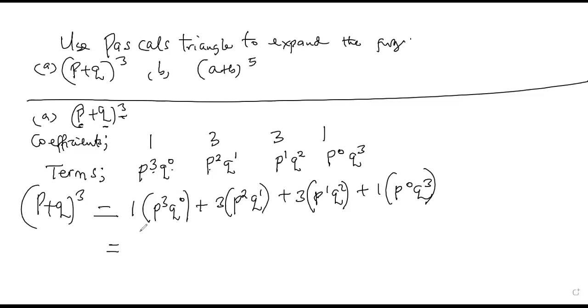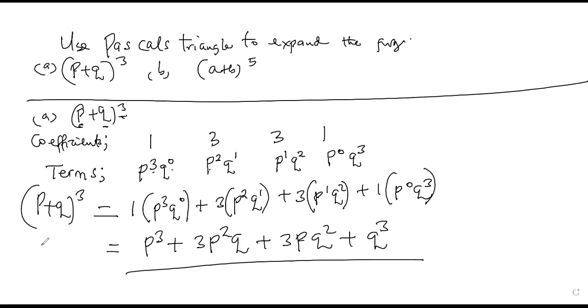So this is going to be equal to p cubed, because q to the power 0 is 1. So we have p cubed only, plus 3p squared q, plus 3pq squared, plus q cubed. As simple as that. So this is the expansion of p plus q to the power 3.